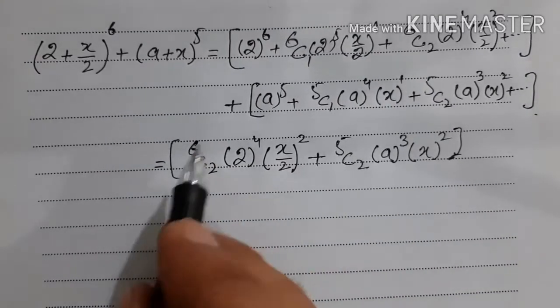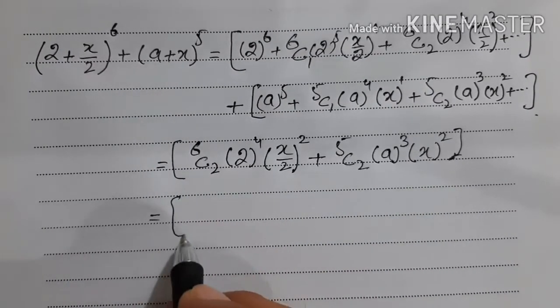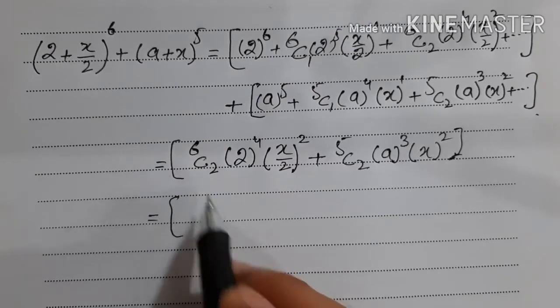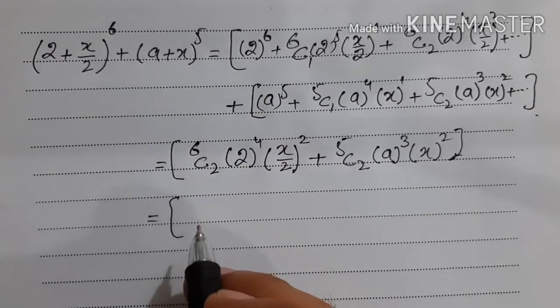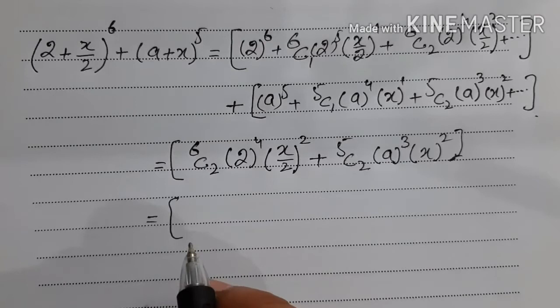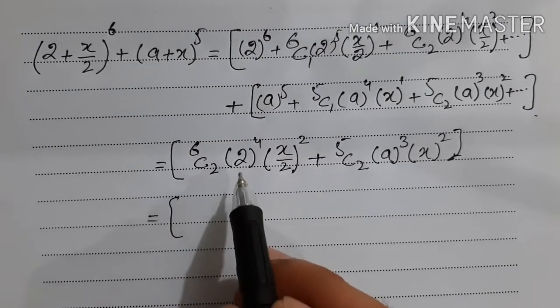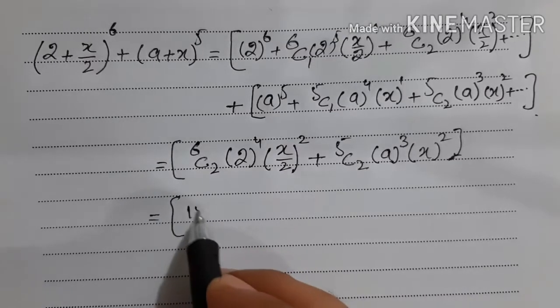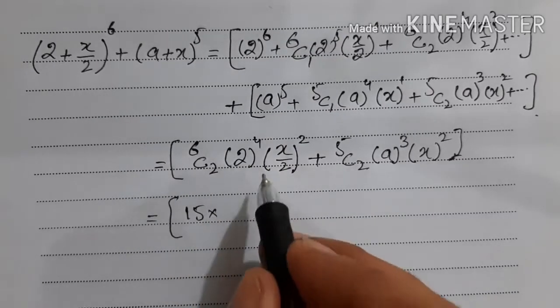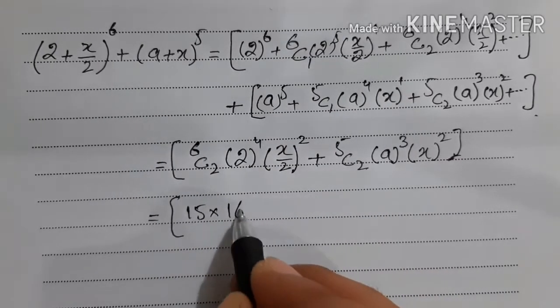Now by calculator, this 6C2, no, this will be 15. 2^4 is 16.